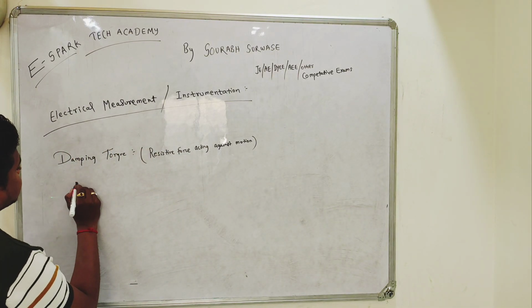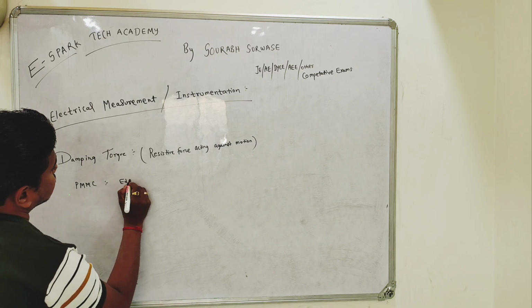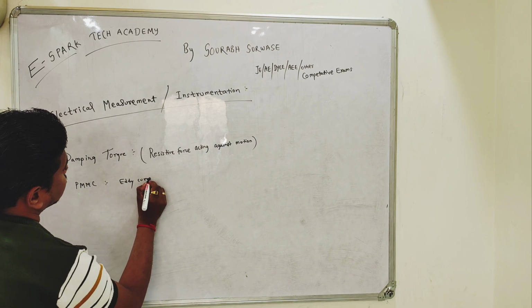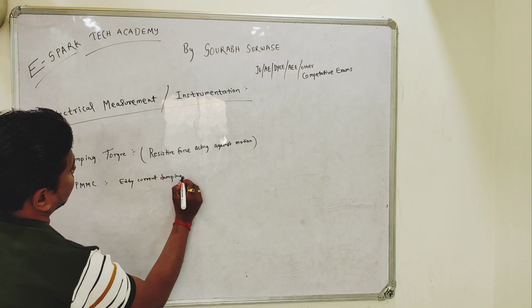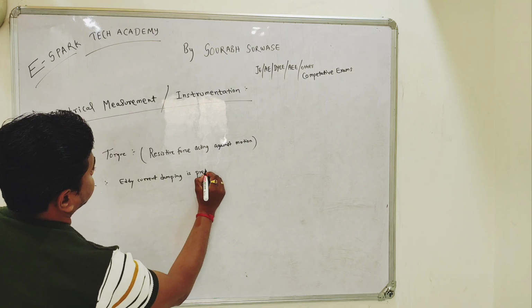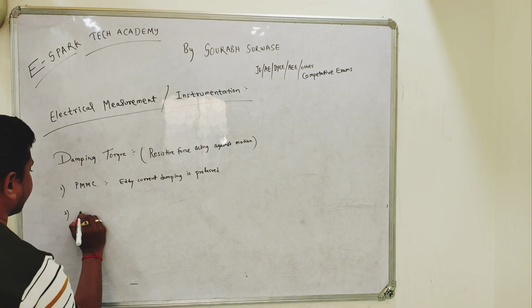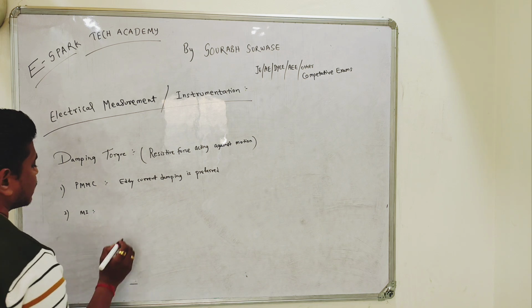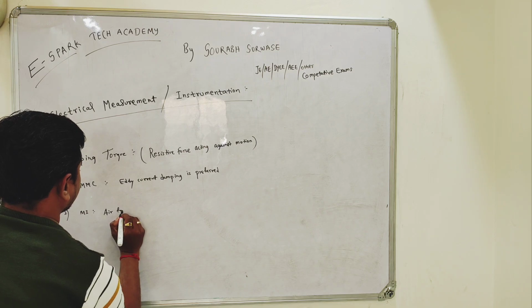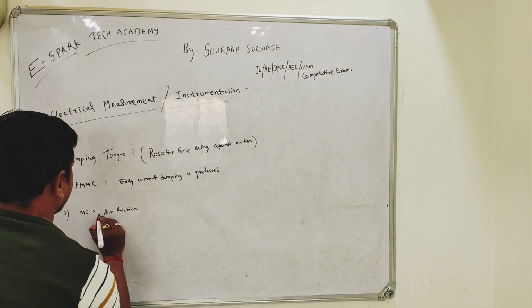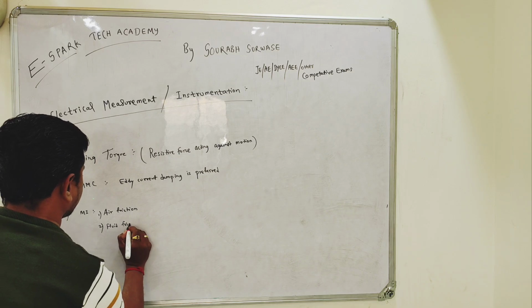Now for PMMC instrument, eddy current damping is generally used. Eddy current damping is preferred, and for MI, air friction and fluid friction damping is used.